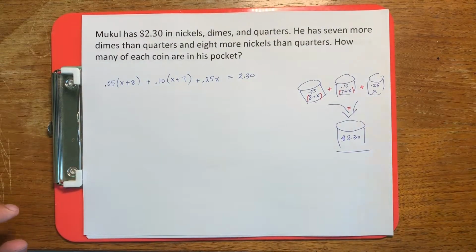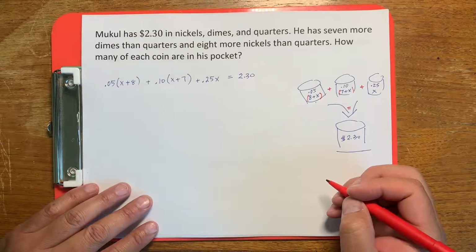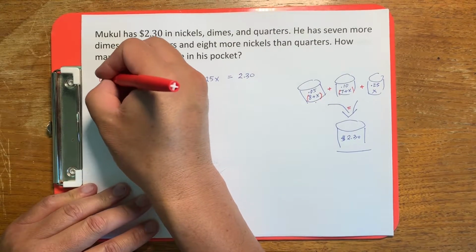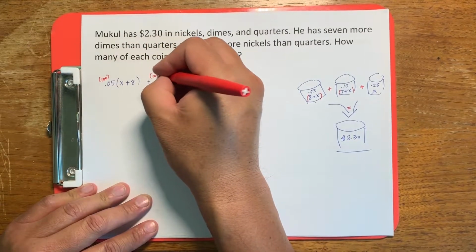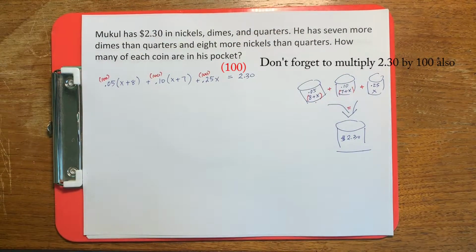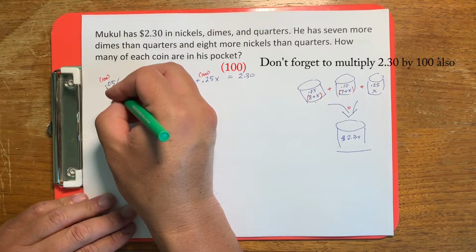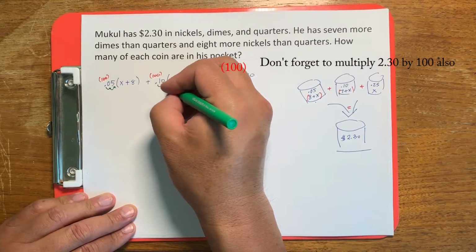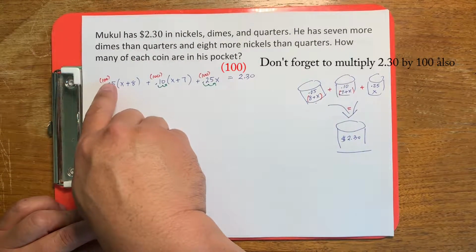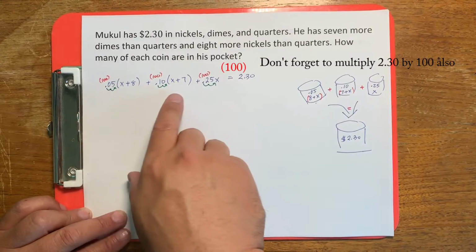Now we're going to do the same thing here. Let's get rid of the decimals by multiplying each term by 100. So this gets multiplied by 100, this gets multiplied by 100, this gets multiplied by 100. Now the reason why we're multiplying by 100 is that we want to move each one of these decimals 2 places. Okay, so the number of places you want to move should refer to how many zeros there are in what you're multiplying each term by.